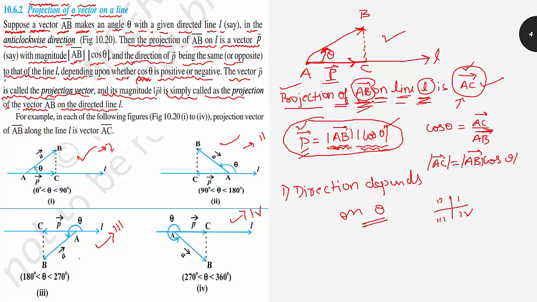Whenever theta is in fourth quadrant, P is positive. Clear? P is positive in first and fourth quadrant, negative in second and third quadrant. Clear? So this is all about projection.